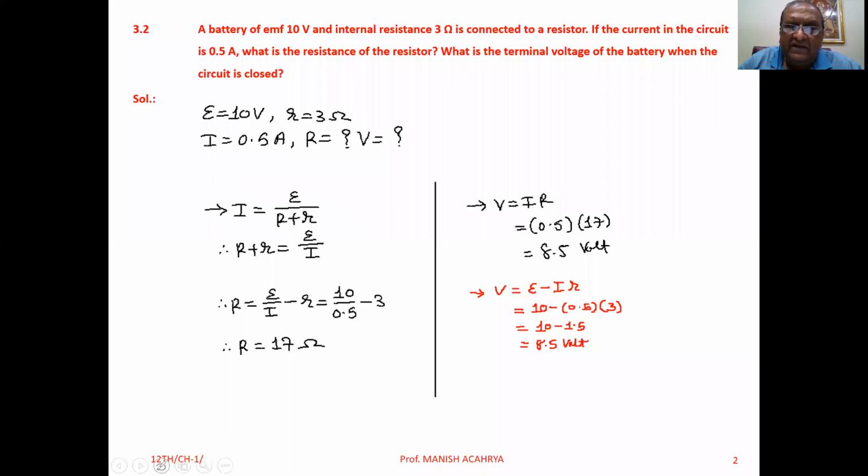Here you can calculate the terminal voltage using the equation V equal to E minus Ir also. Say E is 10 volt, I is 0.5 ampere, internal resistance is 3. So again you will get the same answer. Terminal voltage is 8.5 volt. Clear?